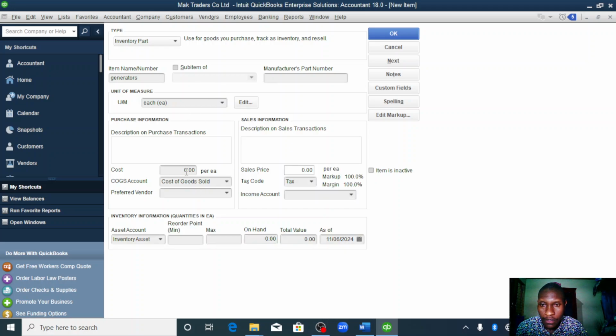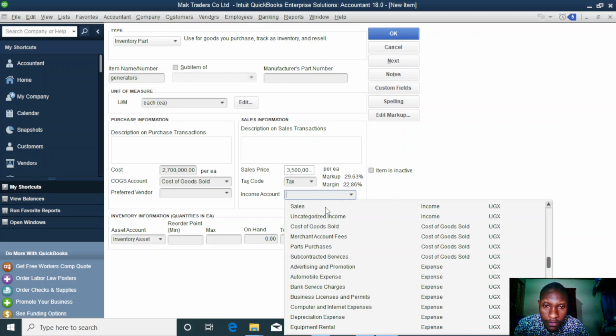We go to cost. Cost we are having 2,700,000. Sales price we are having 3,500,000. Income account is under sales.